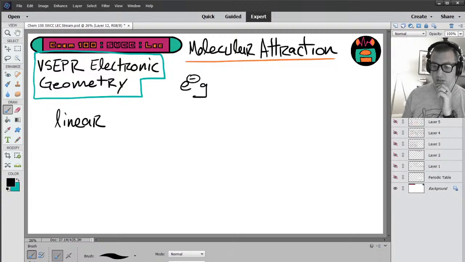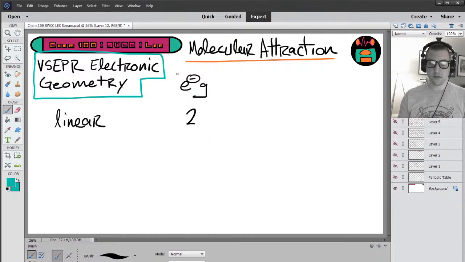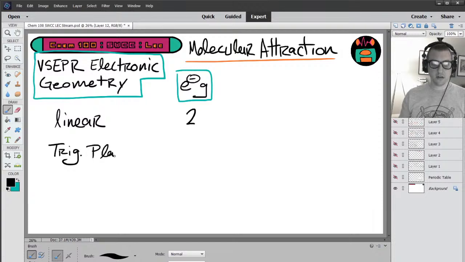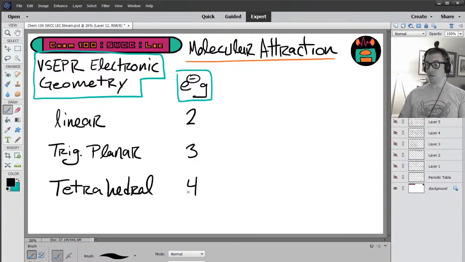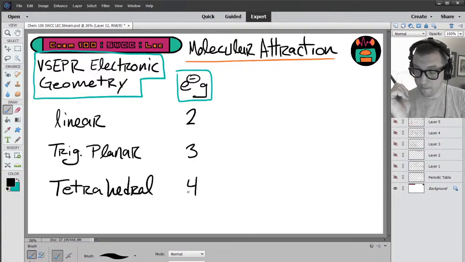If you're linear, that means you have two electron groups. If you're trigonal planar, you have three electron groups. And if you're tetrahedral, you will have four electron groups. All right. Now listen.